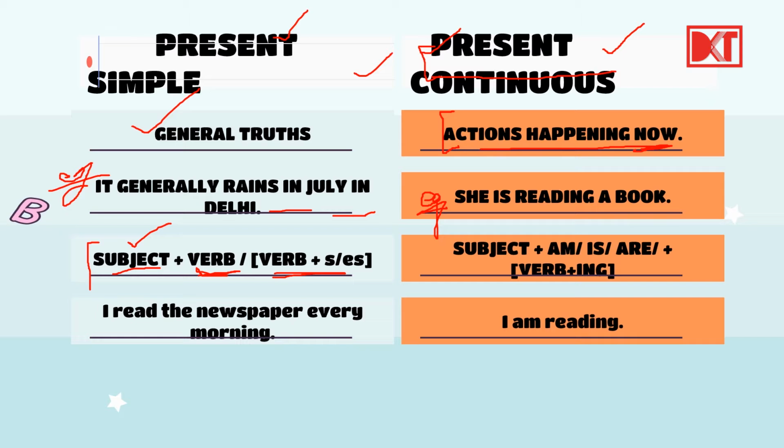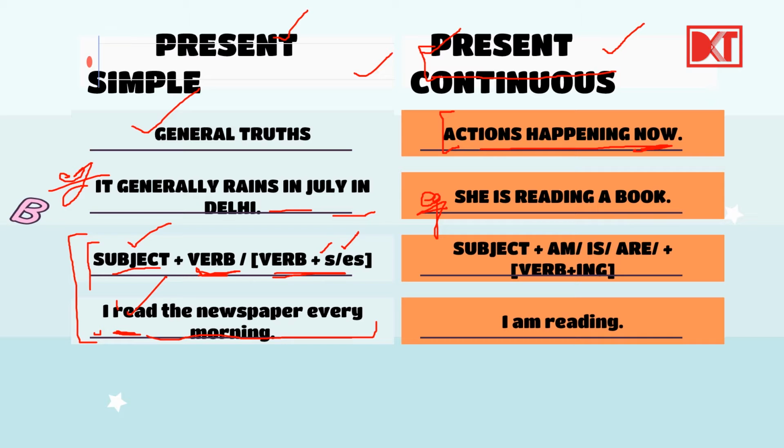Now here we have an example. I read the newspaper every morning. Now I is the subject, then read is the verb. So the first form of the verb is used, or when s or es is added, we will see in the next slides, the complete formation of present simple. For now you just have to see subject plus verb or verb with s or es, and the object which is the newspaper every morning.